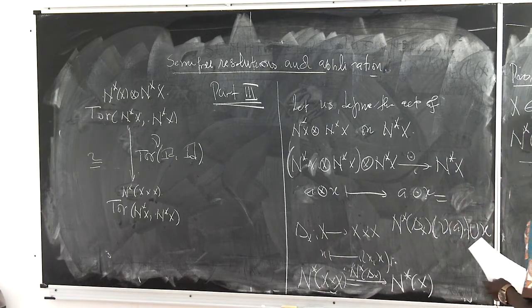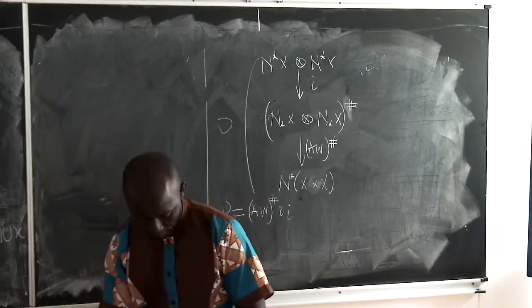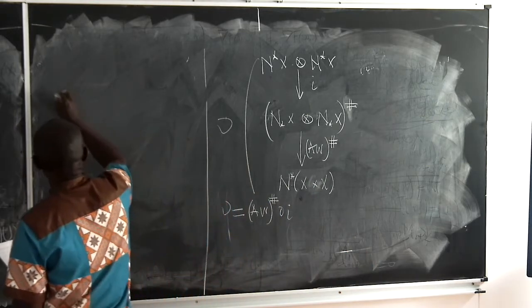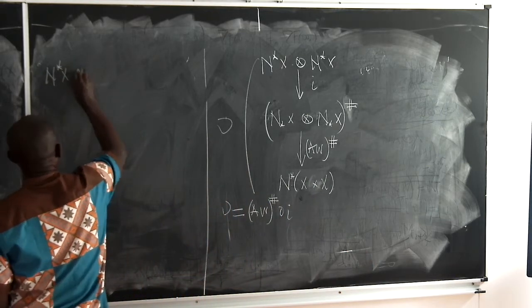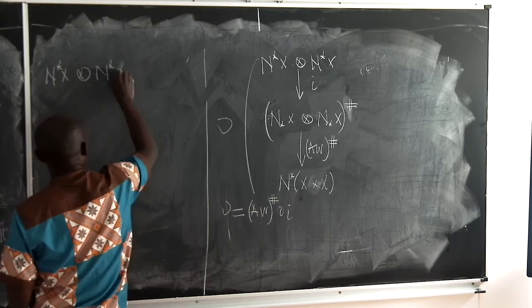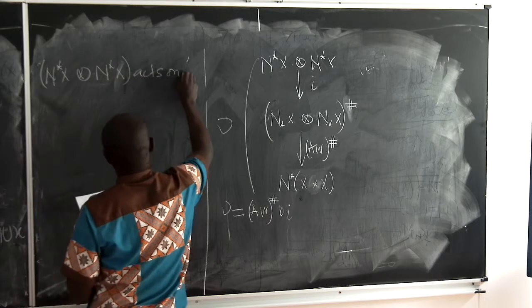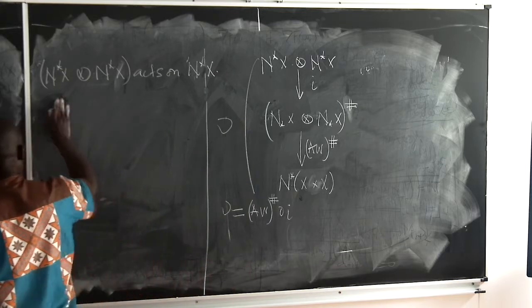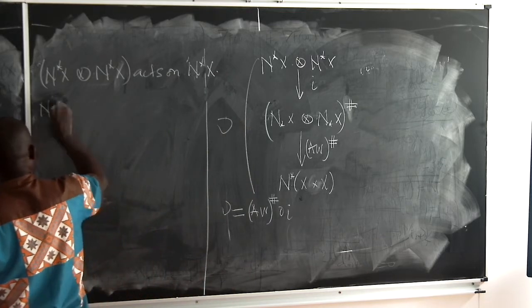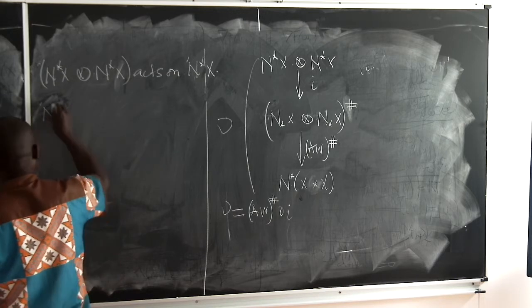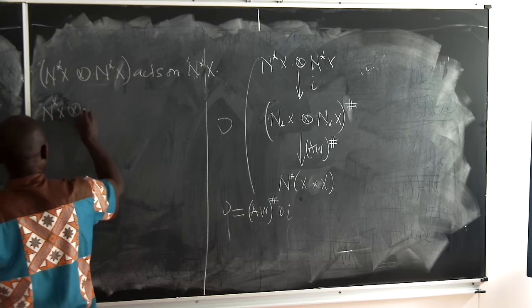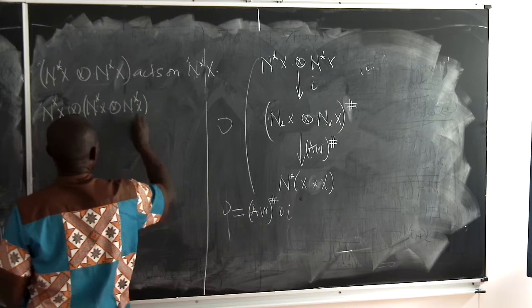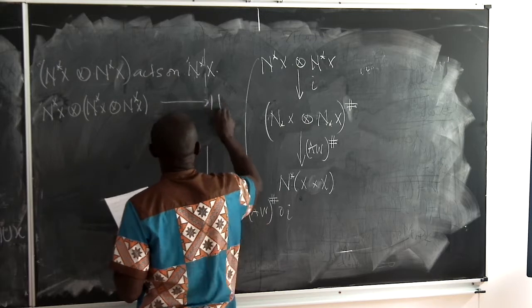The next action is the action of the tensor product with X as follows. NX cross X tensor NX, like this, sent to NX.